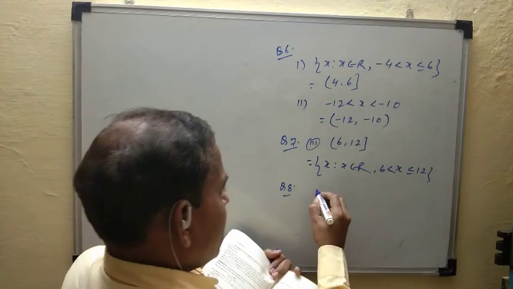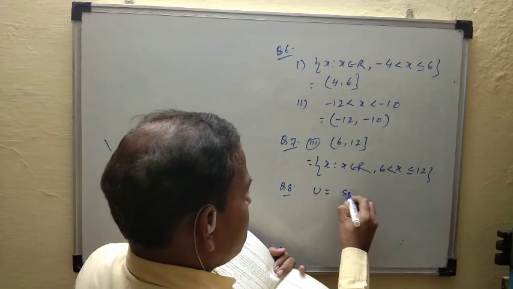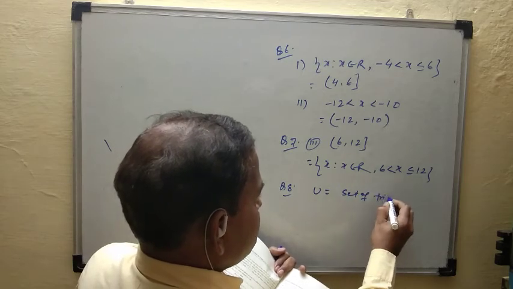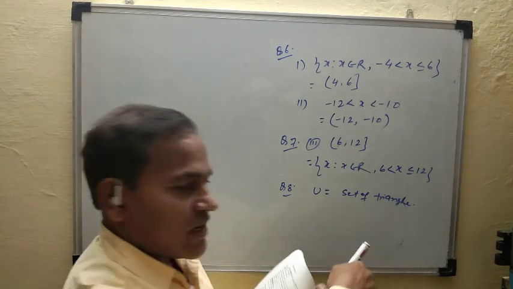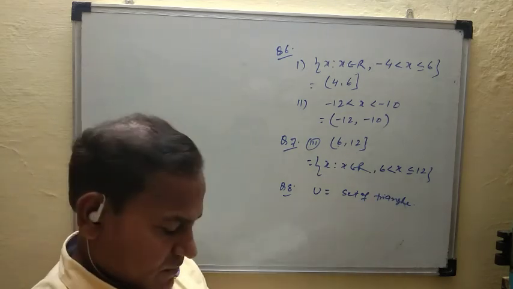So for question number 8, the universal set is the set of triangles.